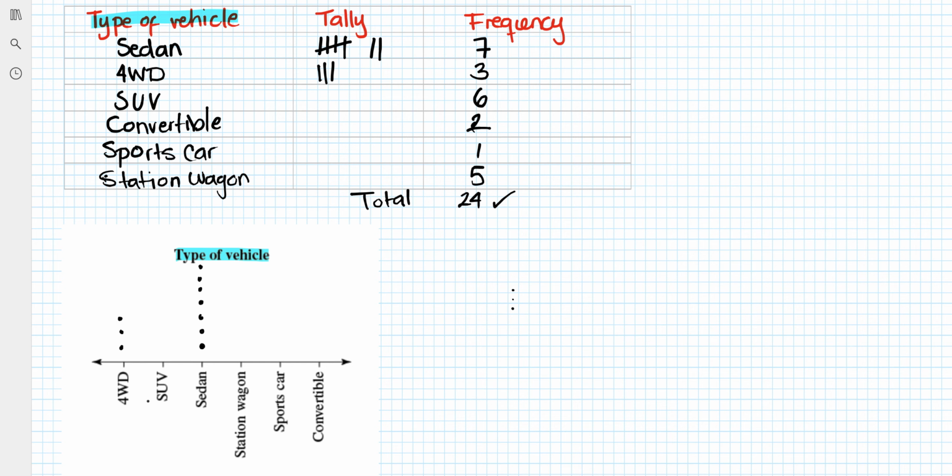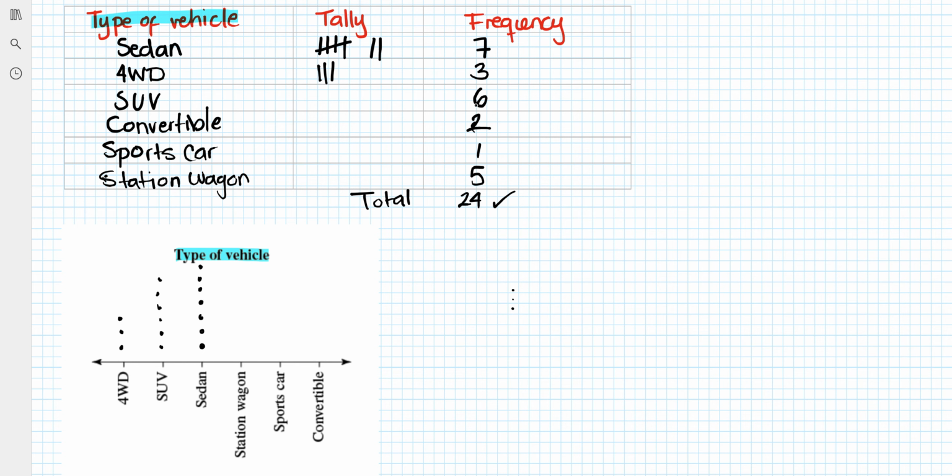Make sure that when you have the SUV, for example, here it says 6, it's at the same height. So 1, 2, 3, 4, 5, and 6. Then I can make them a little bit bigger.